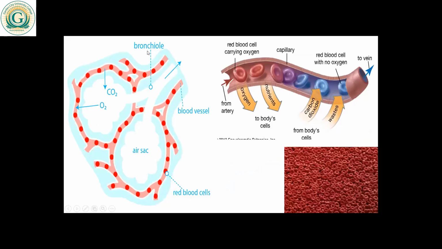All right. At the alveoli level, we have oxygen diffusing from the alveoli sac into the capillary, where we have the blood cells or the blood. And we also have the exchange of carbon dioxide from the blood into the lungs.